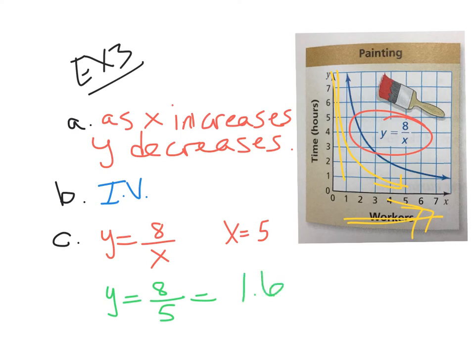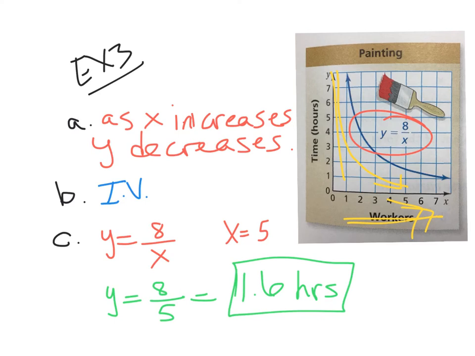So it's going to take 1.6 what? Hours. 1.6 hours for those 5 workers to paint the room. Very good.